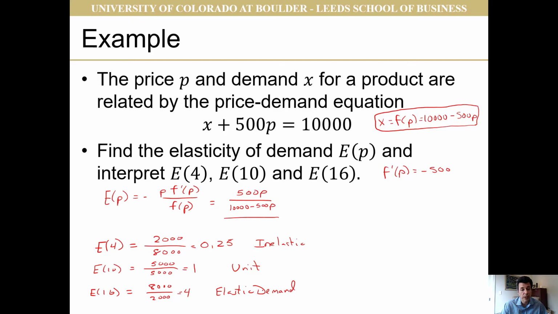This means that if we increase prices, revenues are actually going to go down. So we can see for these three values, 4, 10, and 16, we've got inelastic demand: we increase prices, revenues increase. Unit demand: we increase prices, revenues stay constant. Elastic demand: we increase prices and revenues fall.